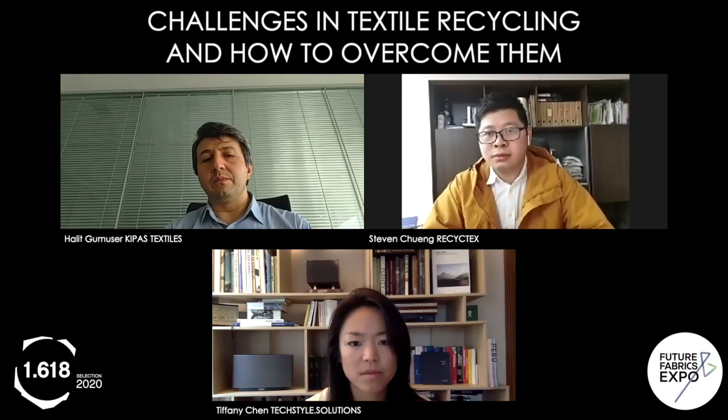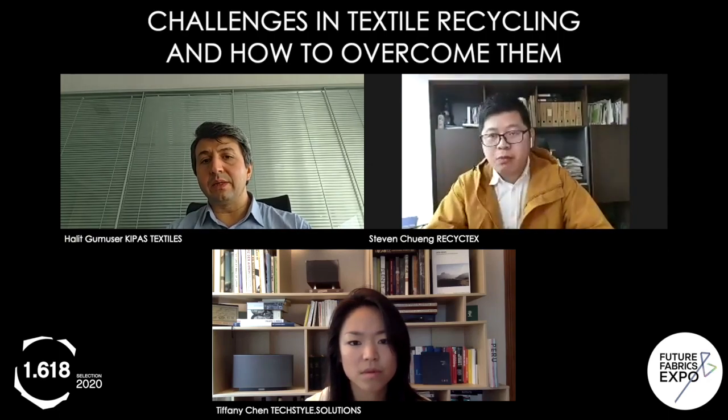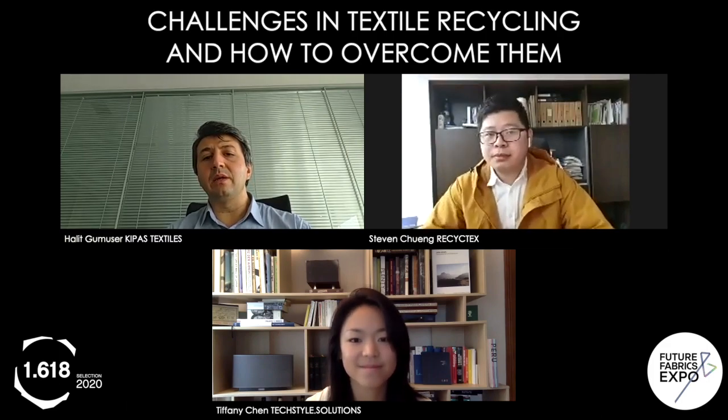What's happening now? Our partner brands are collecting their materials back from their customers. Their customers are bringing back the jeans and other garments they used, and these brands are taking these garments back to us.